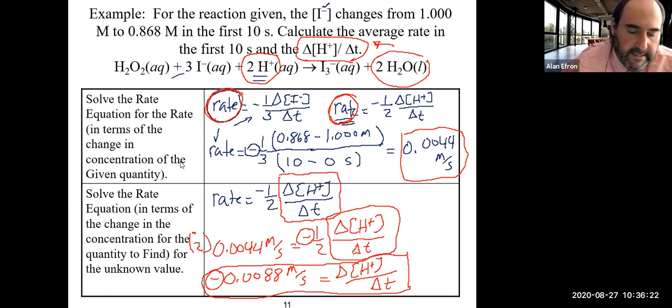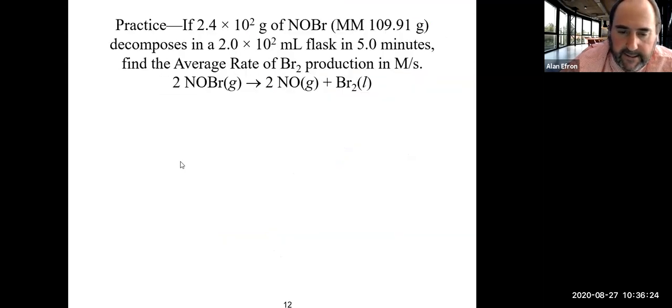Okay. So let's try another one here. Why don't you try this one? If 2.4 times 10 to the 2 grams of NOBr, molar mass from the periodic table, 109.91 grams per mole, decomposes in a 2 times 10 to the 2 milliliter flask in 5 minutes.